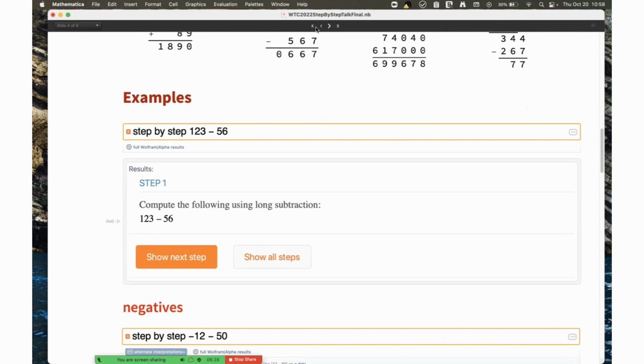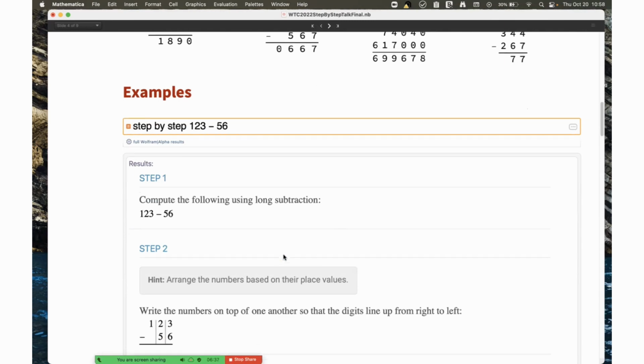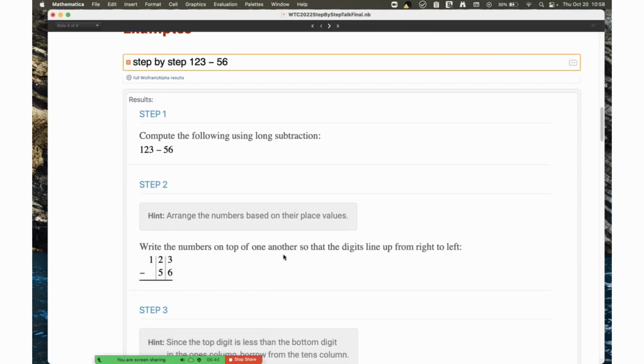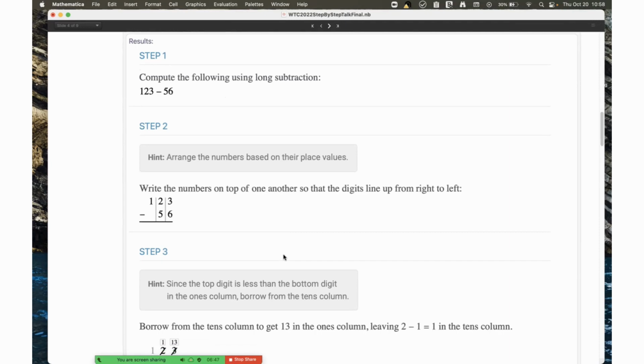So you can ask for the step-by-step solution to a subtraction of two integers, and you will get all of the steps in that textual description printout of, in this case, the written grid for the long arithmetic procedure, long subtraction. So we've got the written method described. How do we align the digits?